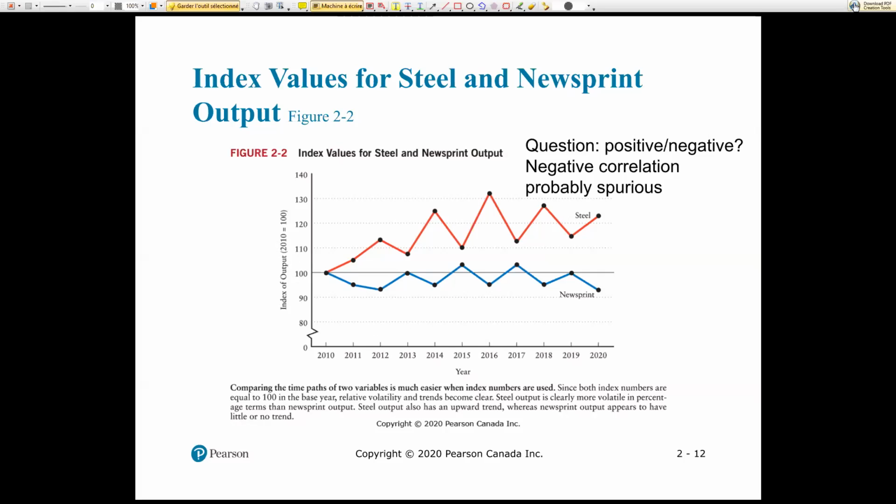Since I'm interested in newsprint, every year I have one measure of newsprint. There's no way I can have two measures. If it were not a function, then in 2012 it might look like I have this value and that value. That's not a function, but if I have only a single value, then yes, this is a function. It doesn't pass the vertical line test. Say that again? The vertical line test.